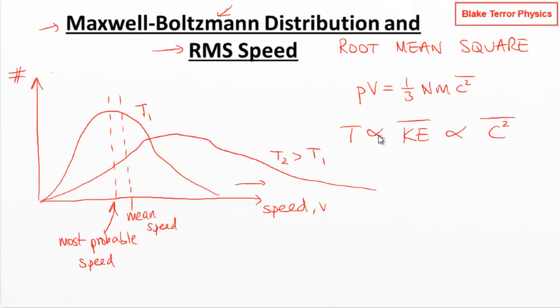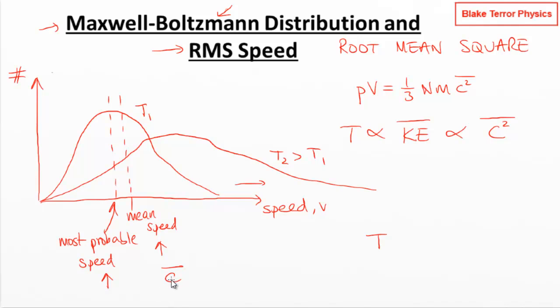So these things are all proportional to each other. When we're talking about the speed of the particles in the gas, and we think, okay, what's the best way of describing this? Well, if we're describing gases in terms of temperature, then the speed that we want to use isn't the most probable speed, and it isn't the mean speed, because that would just be C with a bar on top.